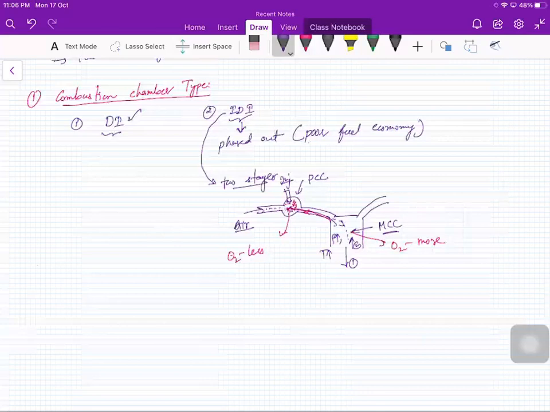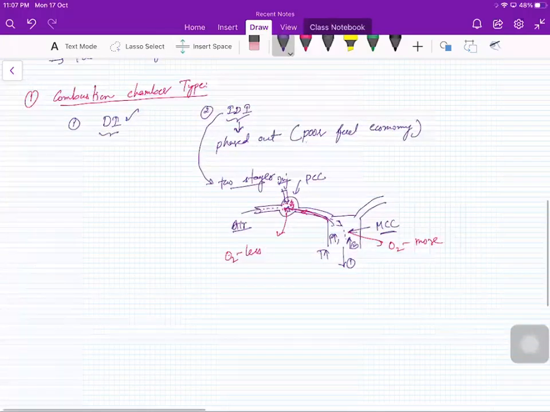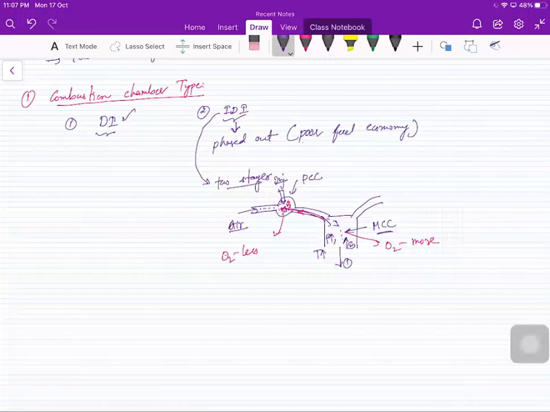Here the amount of oxygen is less, and the quantity of fuel is higher in the PCC. This ratio, oxygen less and fuel more, gives rise to a rich mixture.